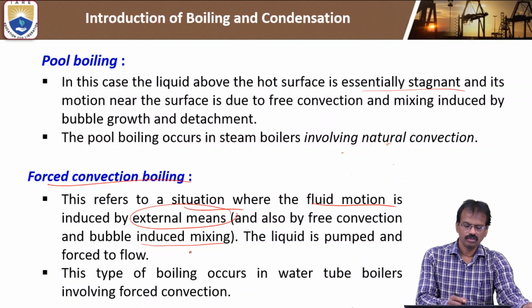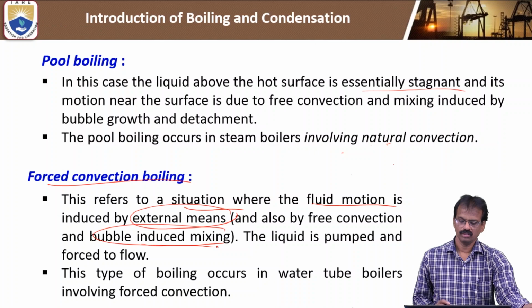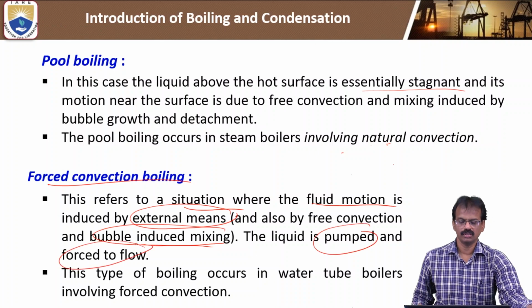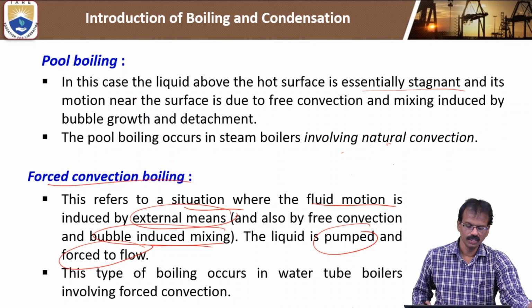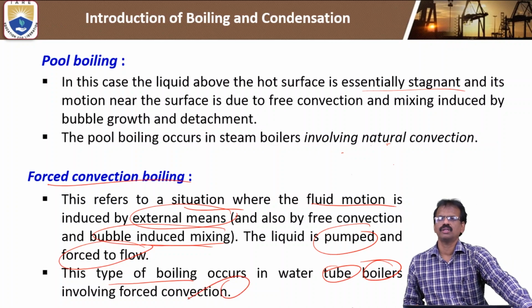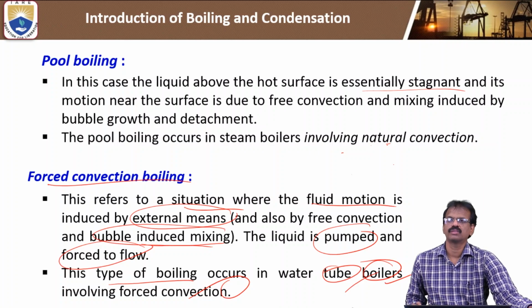So these bubbles induce mixing. The liquid is pumped and forced to flow. This is the external forced convection process. This type of boiling occurs in water tubes and boilers, mainly in tube boilers.